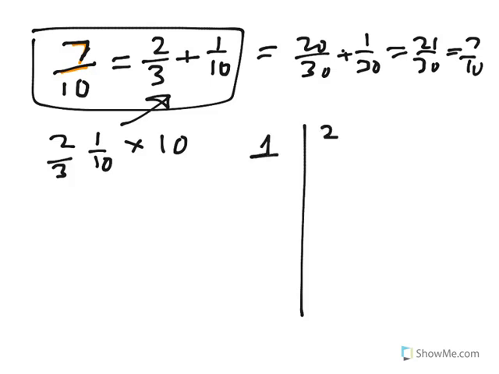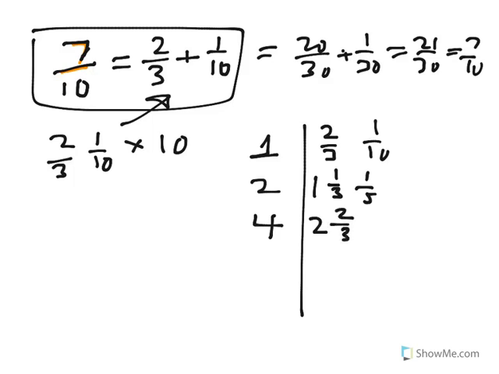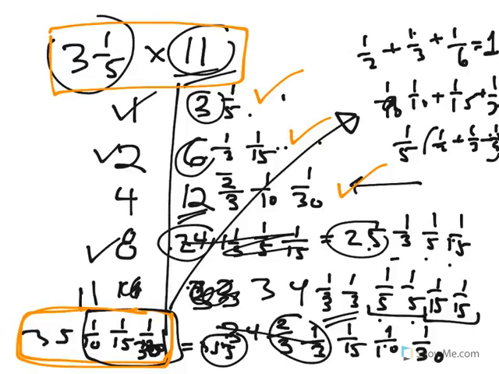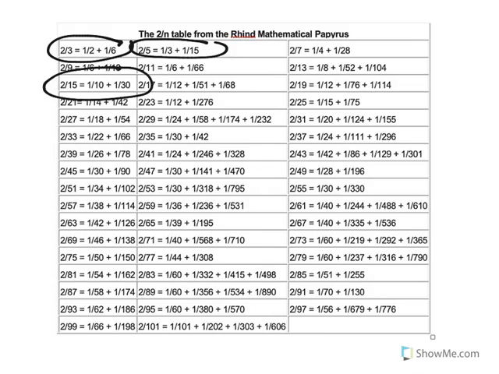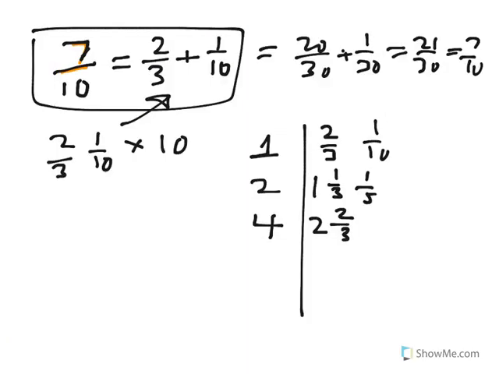So I'll say 1, 2/3, 1/10, double it. 2/3 doubled is 1 1/3, so they write 1 1/3. 1/10 doubled is 1/5. Double it again. This becomes 4. This becomes 2 2/3. But to double 1/5, I have to go to my chart and get 2/5, which is 1/3, 1/15.